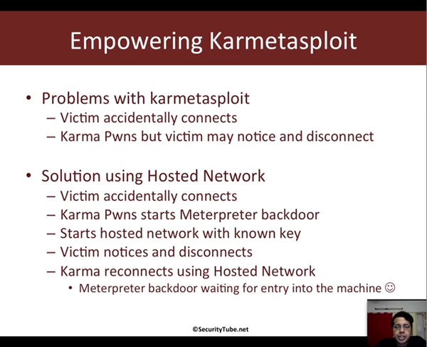Once it is up and running, even if the user disconnects after he sees that he's connected to the wrong access point, the hosted network still continues to run, and you have the key because, well, you're the one who started it in the first place. So now the attacker can reconnect to the victim over the hosted network and carry on the rest of the penetration test, right?